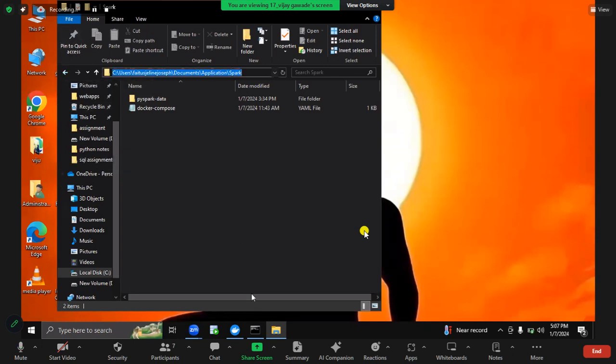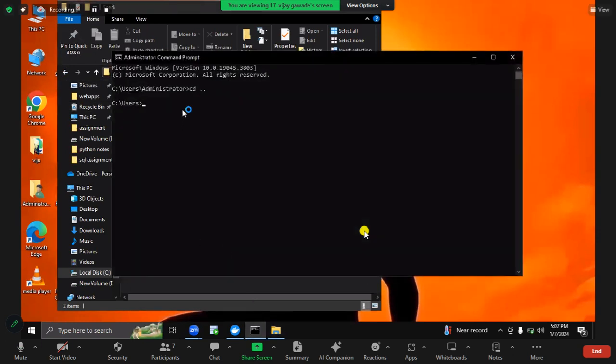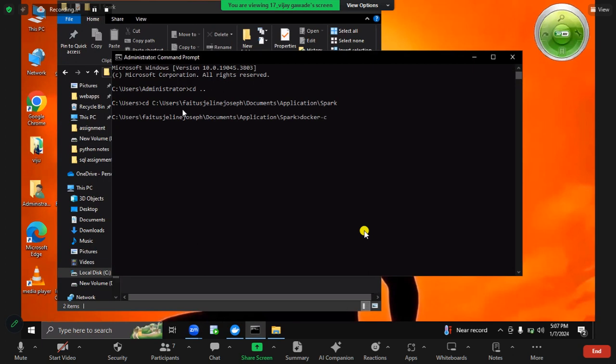See, can you see here? The container is attached.